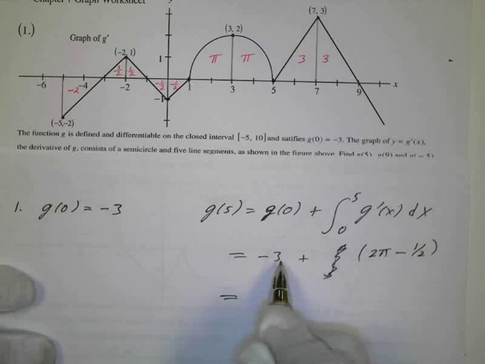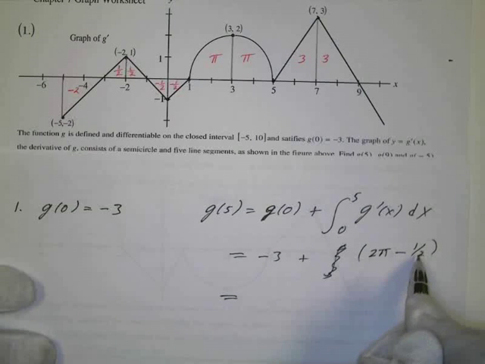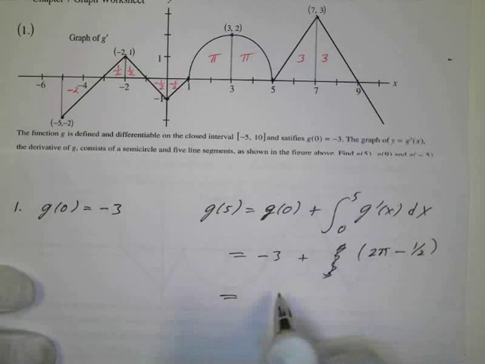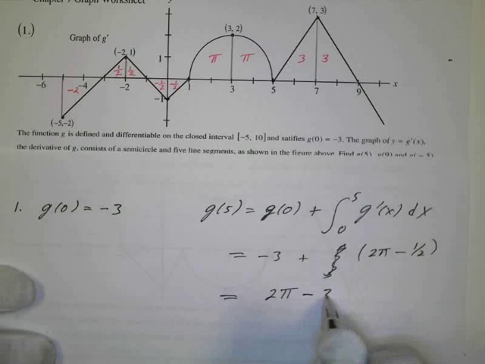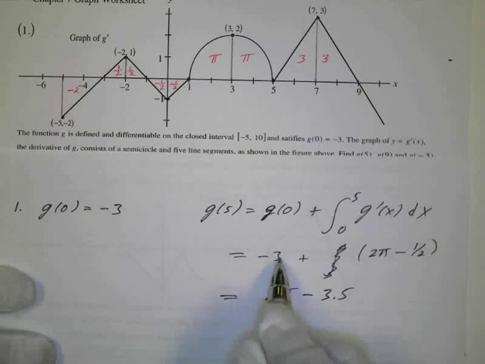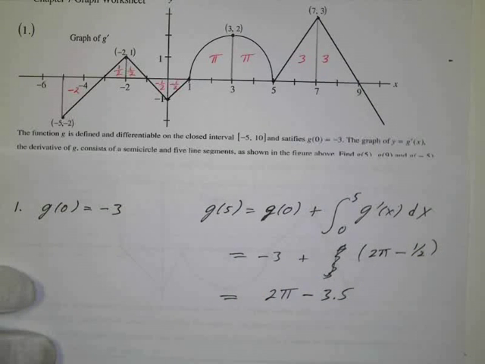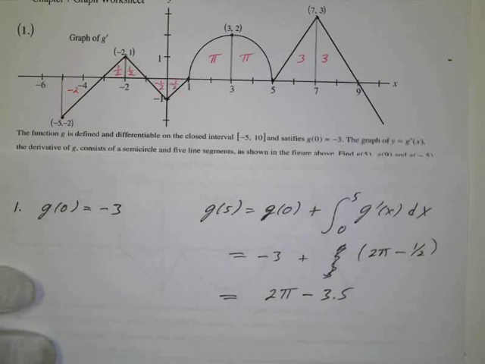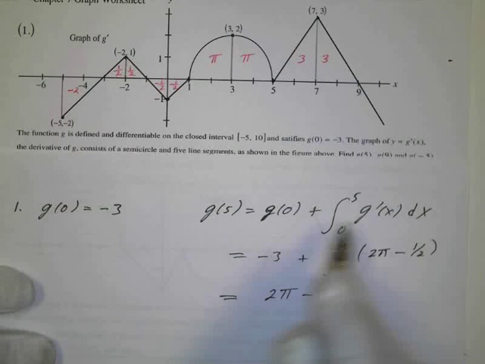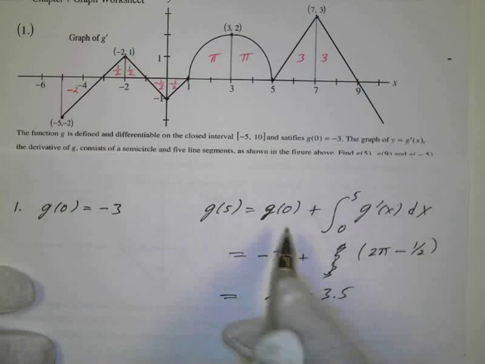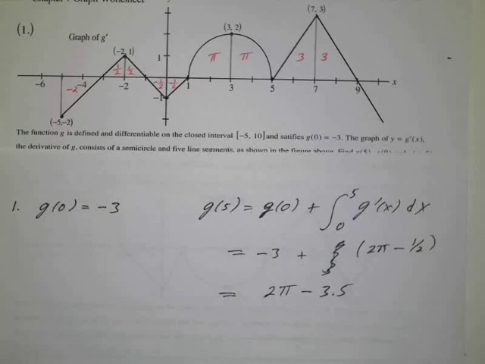And then if I just add these up, I get -3, and -1/2 is -3.5, or -7/2, and this is a positive 2 pi. That's just going to be 2 pi minus 3.5. That's all you have to do. Just understand this concept, because it's a very important concept, and it would work even if this is 1.